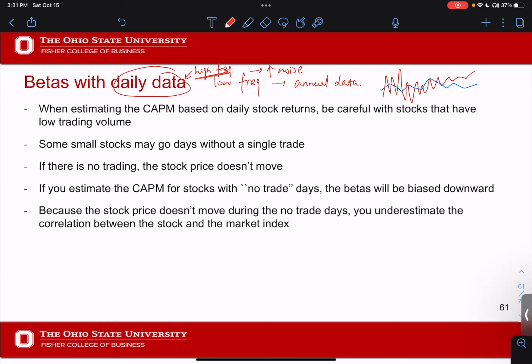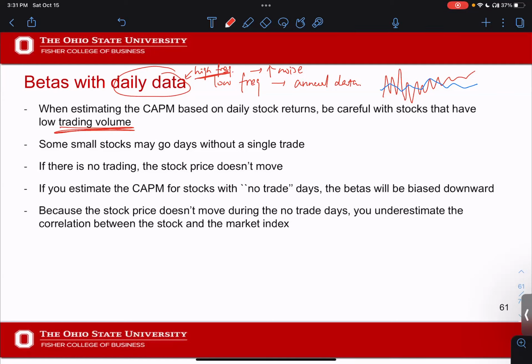And if you use the daily return, be careful with those low trading volume days, because there are some stocks that are not very popular, not like Google or Apple or Tesla. They are very popular stocks. There are some very small stocks that do not have enough attention from investors. Sometimes, maybe for 1 day or several days, the stock price does not move because there is no one trading it.